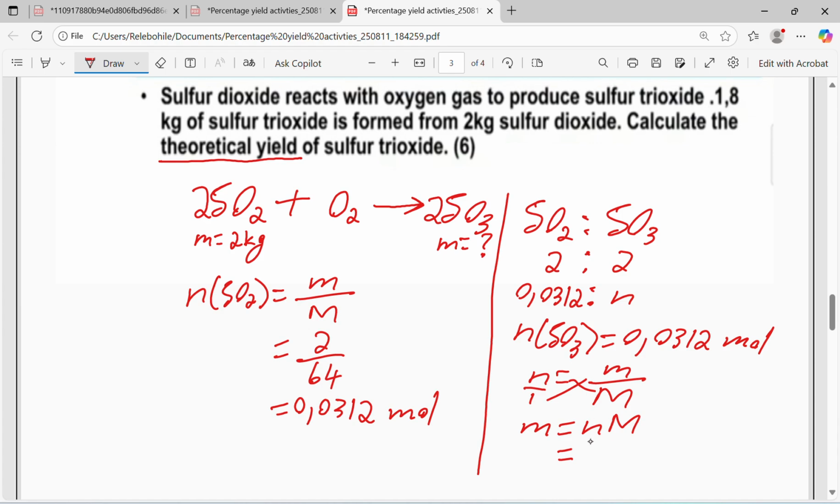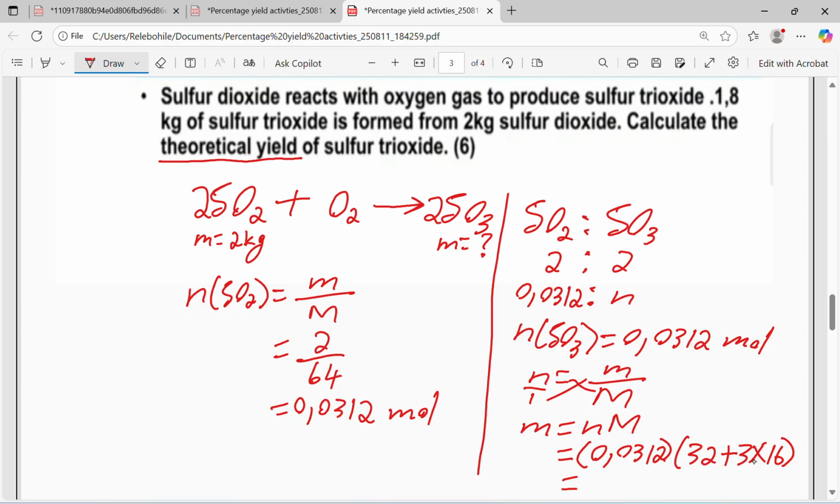Finding the mass of SO3 means that I'm going to say the number of moles of that substance, which is 0.0312, multiplied by the molar mass of that substance, which is 32 plus 3 multiplied by 16, is equal to, and then from here we'll go to my calculator.